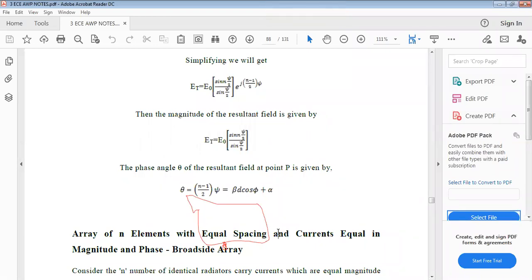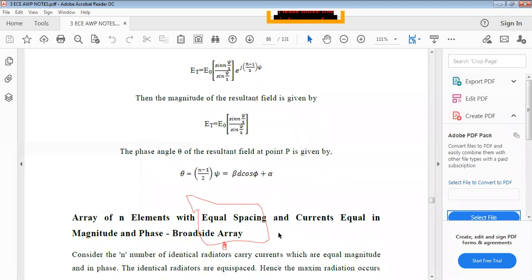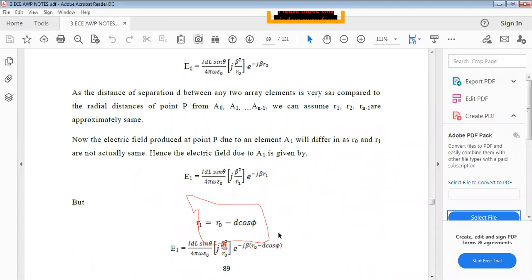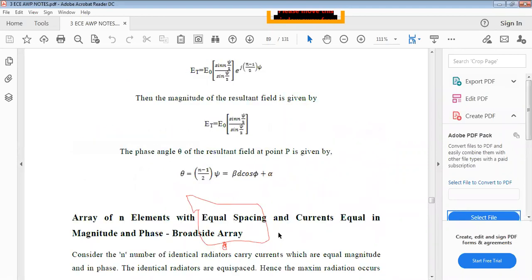For the broadside array with n elements, equal spacing, and currents equal in magnitude and phase, the expressions are the same, there is no change, but the difference is that the maximum radiation occurs perpendicular to the axis of array.